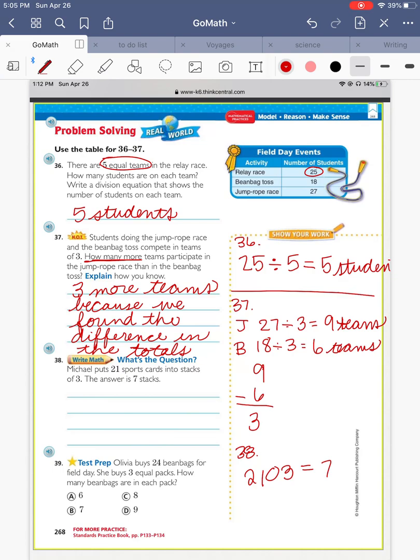What do we need to put in the middle right here to make the answer 7? 21 plus 3 is 24, so that's not right. 21 minus 3 is 18, so that's not right. 21 times 3 is 63. 21 divided by 3 is 7. So we're missing a division sign in the middle. So the math problem would be 21 divided by 3, which gives you 7.